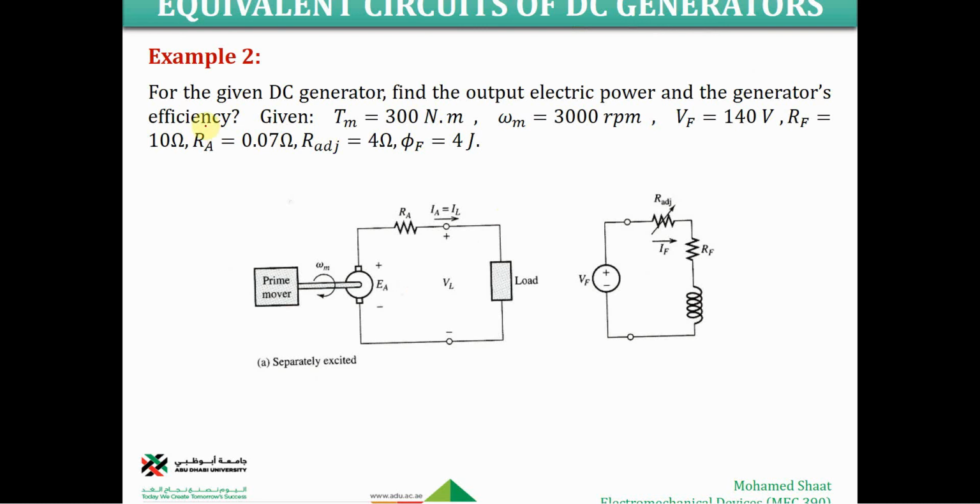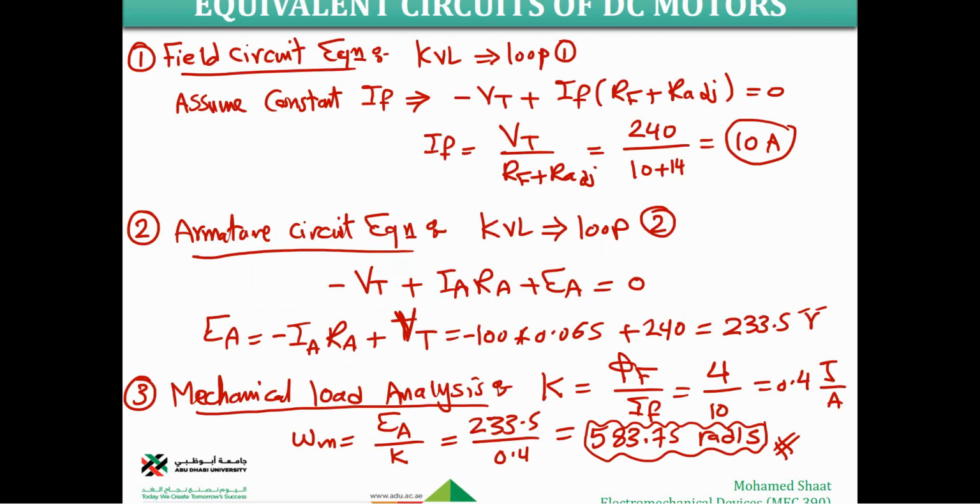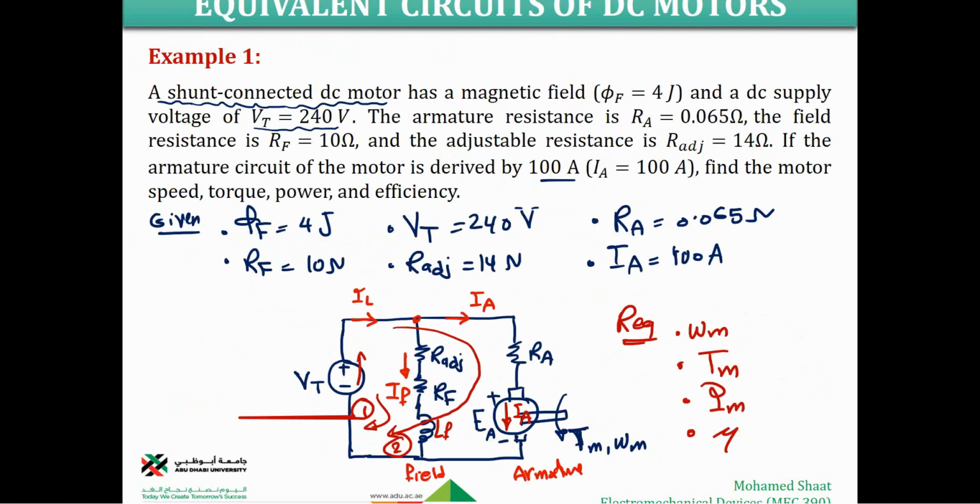This is another example here, but for a DC generator. Instead of being a motor, it's going to be a generator. Nothing is going to be new except that you swap the role of the input and the output. In this problem, for example, the input data given to you, like VT, was given, this is the input source, right? In addition, IL or the armature current was given. So these input data were given to you, and you were required to calculate the torque of the electrical motor and the angular velocity.